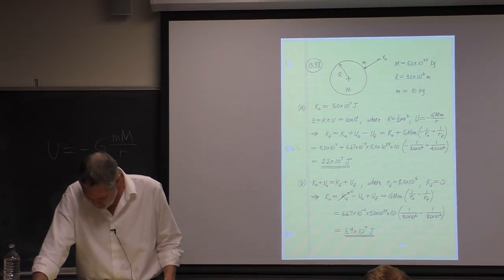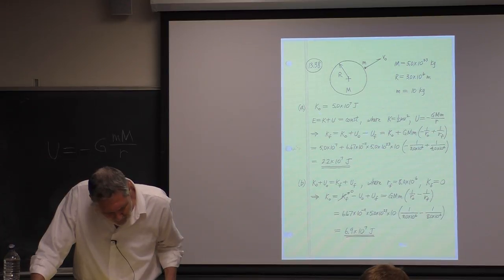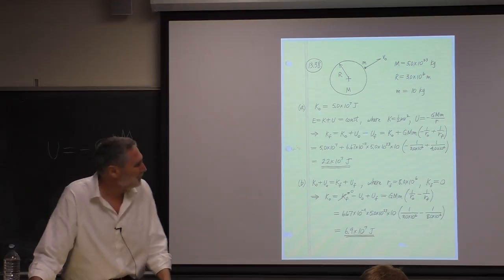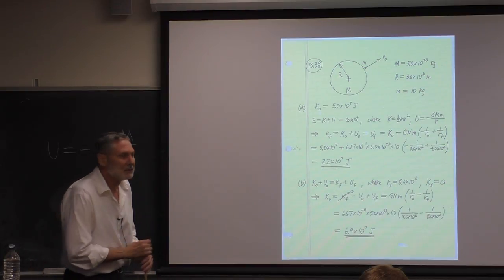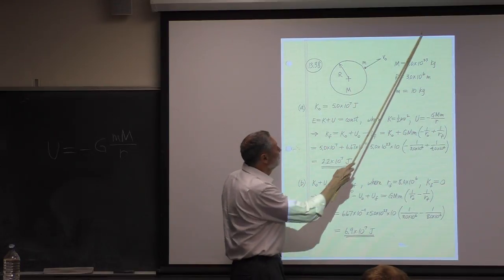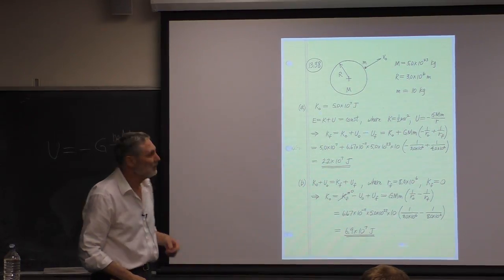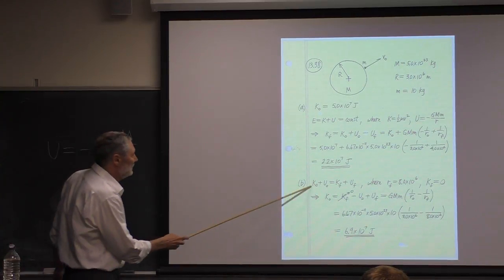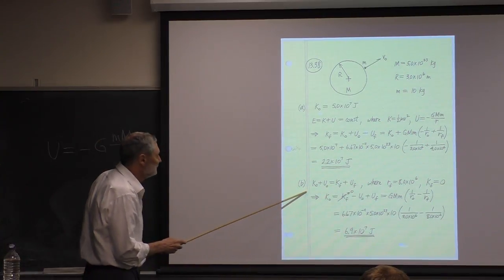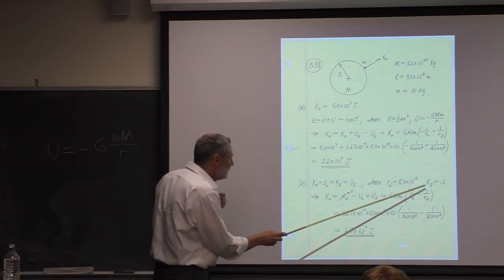Part B is, so now we're going to specify the maximum distance. So we want to know how much energy we have to give this. It'll momentarily come to rest at some distance here, and then it'll come back. So again, here's energy conservation. In this case, the final kinetic energy is 0.